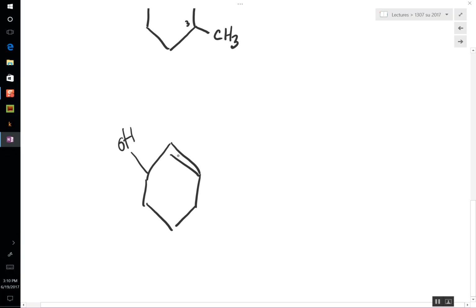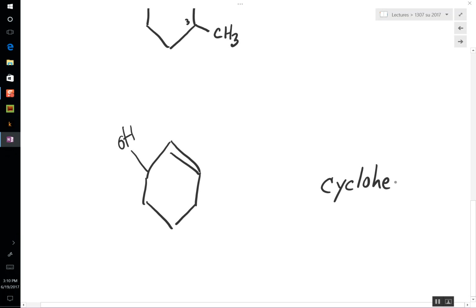We don't have a way of handling a double bond as a substituent. Okay, so I would call this cyclohexene. So it's cyclohexene with that substituent on it. Let's see, this is going to be carbon number 1, 2.